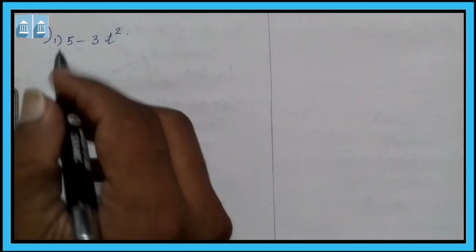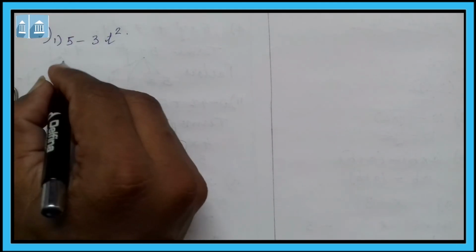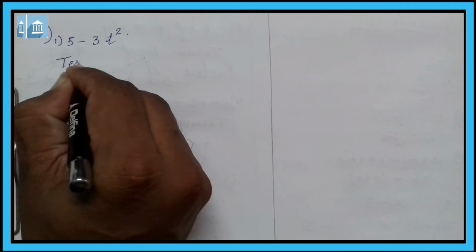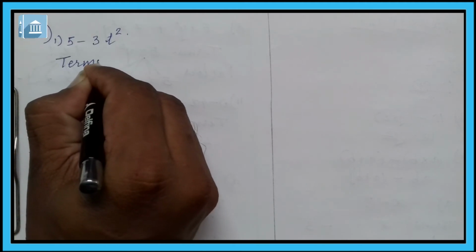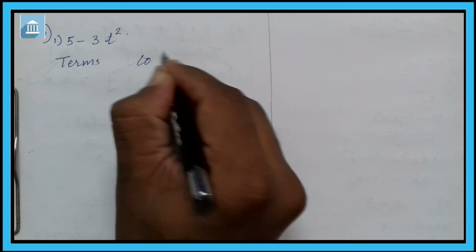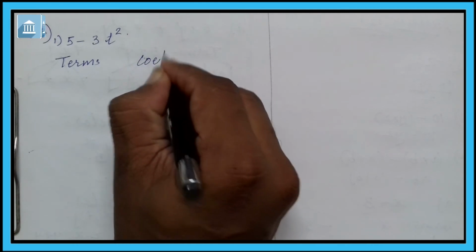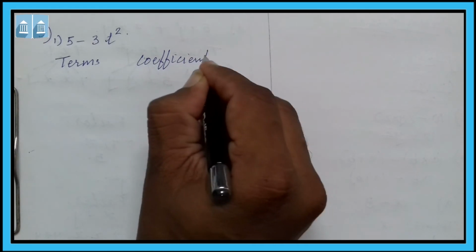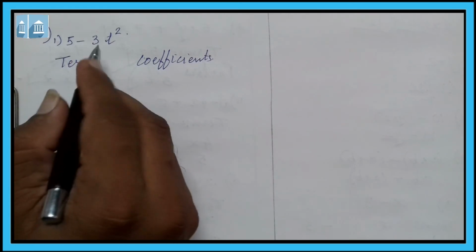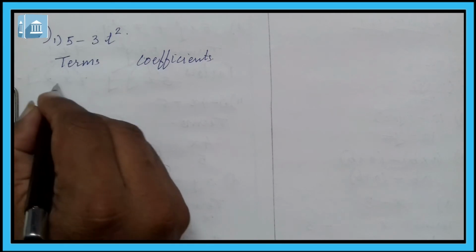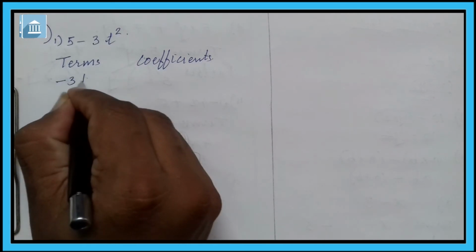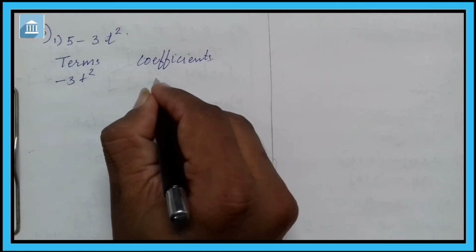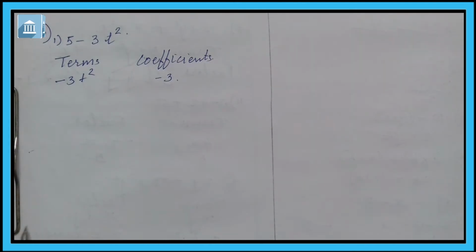So here other than constant, the term is minus 3t square and its coefficient is minus 3. The numerical coefficient is minus 3.